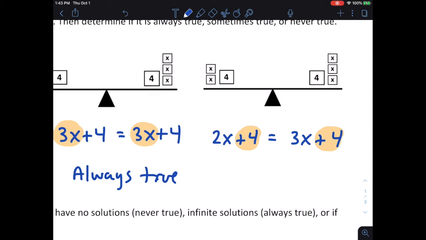So if we plug in a 0 for 2x and a 0 for 3x, those two things disappear, so we end up with 4 equals 4. So that is true. But then what if we plug in a 1? If we plug in a 1, we end up with 2 plus 4 equals 3 plus 4. Well, that's not true. So because of this, we need to say this is sometimes true.